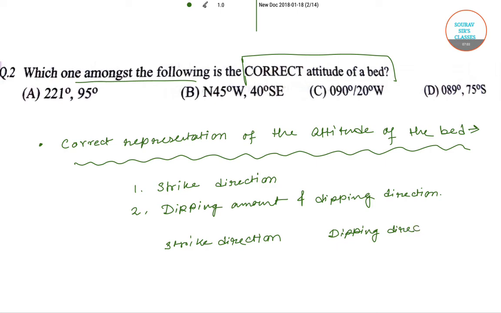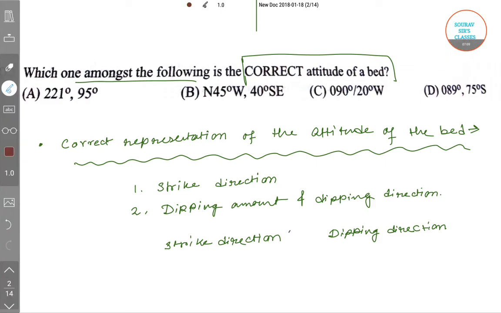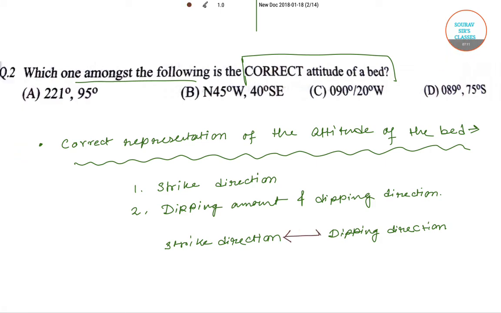There is a correlation, I'm telling you. This correlation should always be 90 degrees. So there is always a 90 degree difference between the strike direction and the dipping direction.